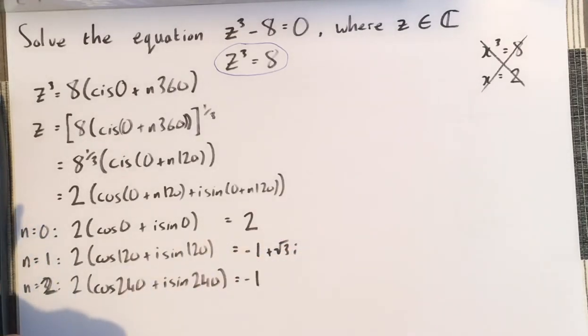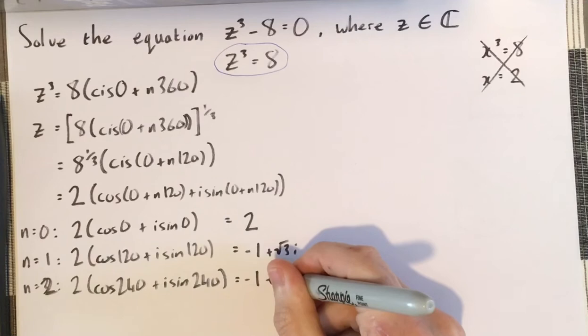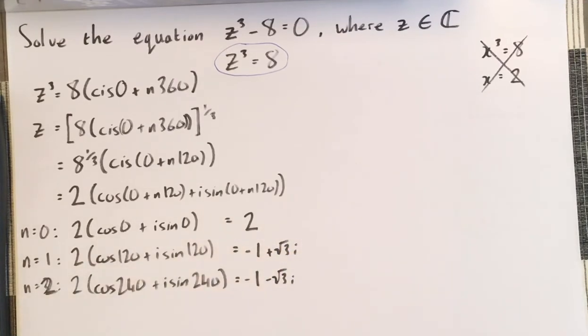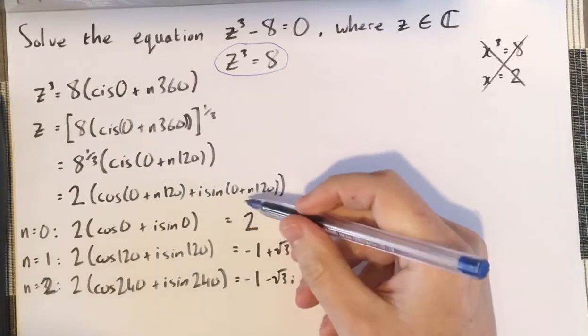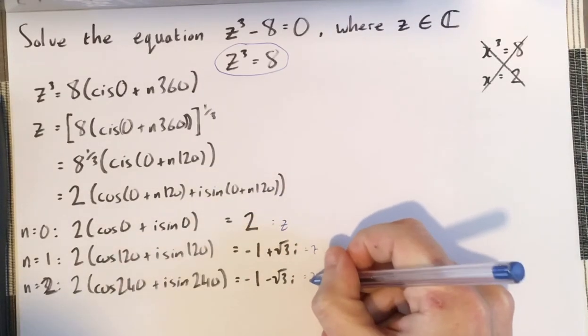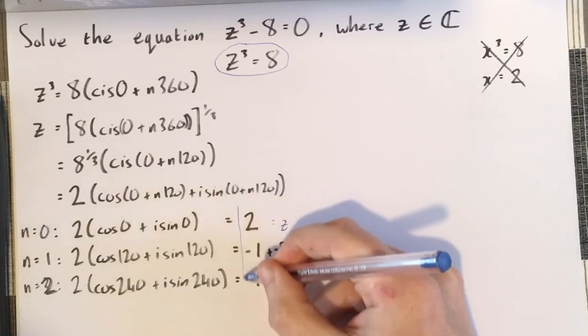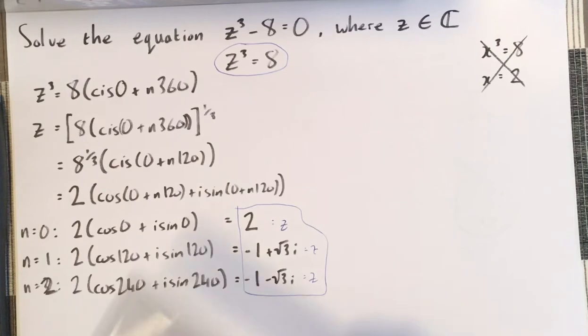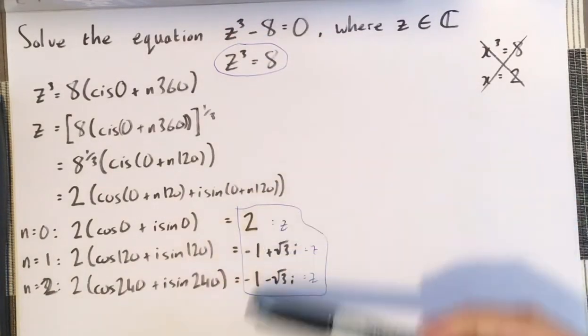The sine of 240 is minus root 3 over 2, multiplied by 2, I get minus root 3i. So there are my 3 solutions for z. For z to the power of 3, I got 3 solutions.